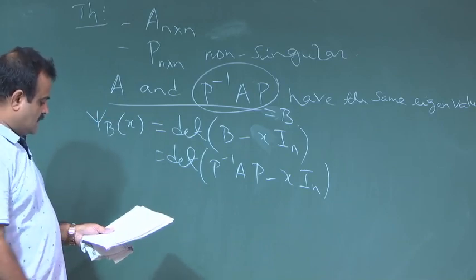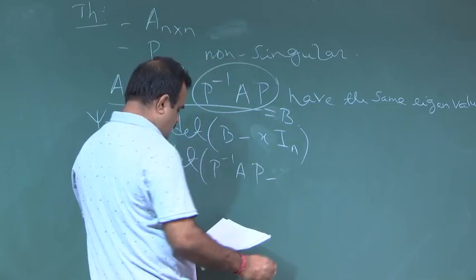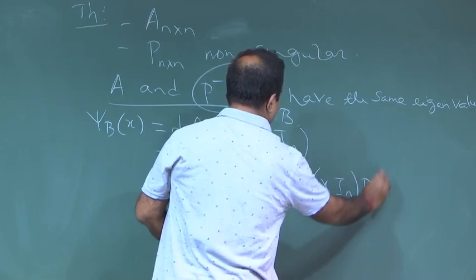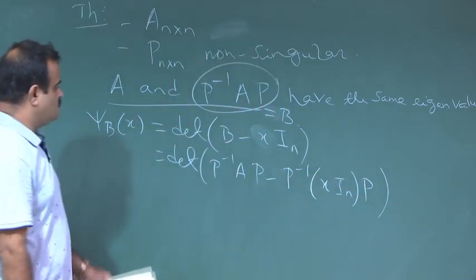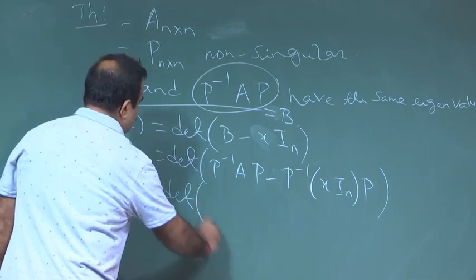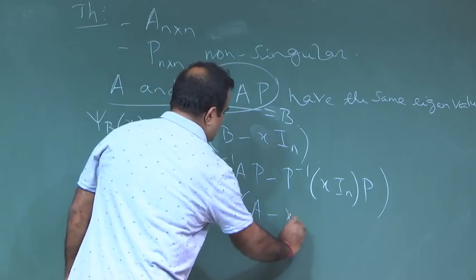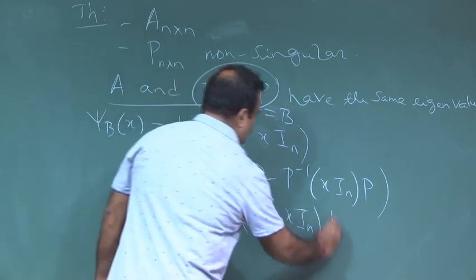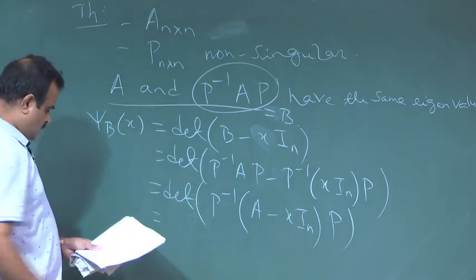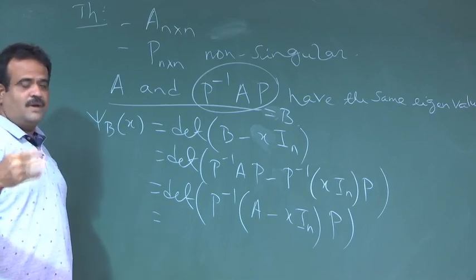Okay, so this x I_n we can write as P inverse x I_n into P, because P into P inverse will give the identity. So, this we can write as the determinant of P inverse, taking P inverse common over here, A minus x I_n, into P. The determinant of a product is the same as the product of the determinants.